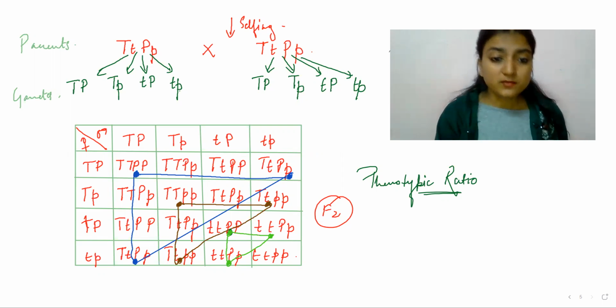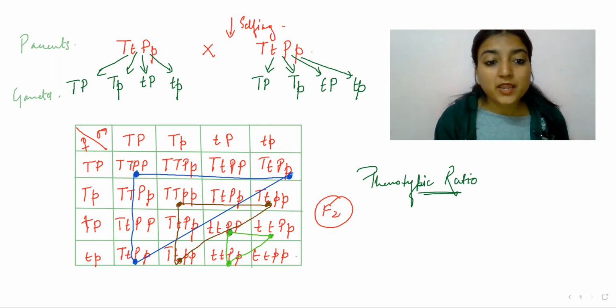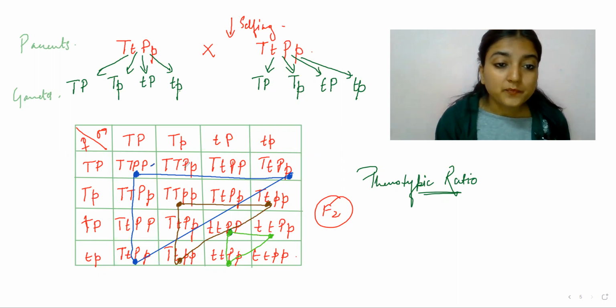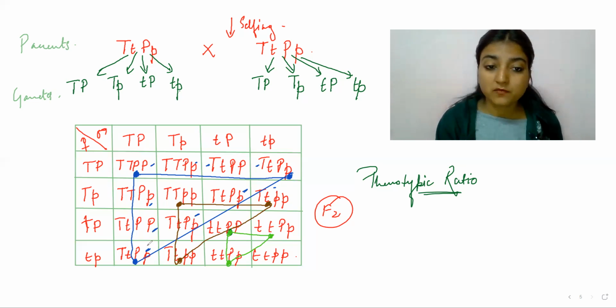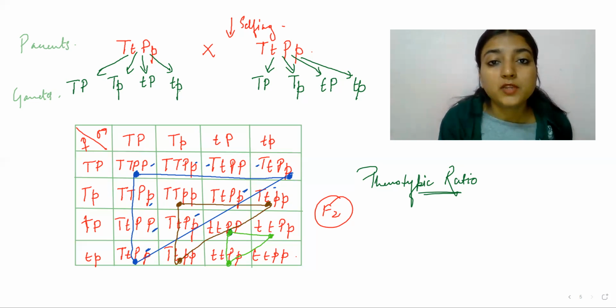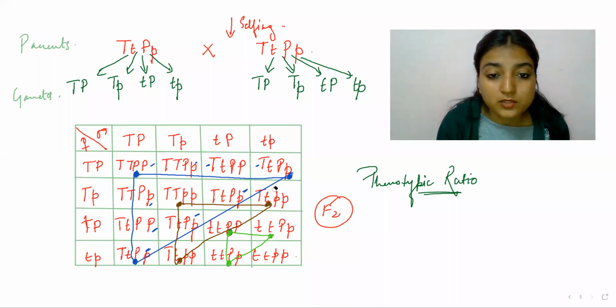How? You just have to see where these lines are passing. So 1, this blue line, 2, 3, 4, 5, 6, 7, 8 and 9.